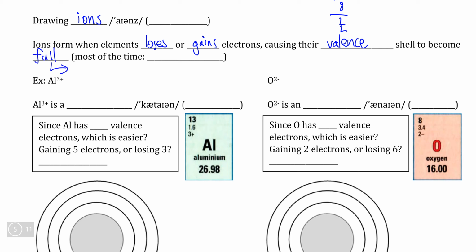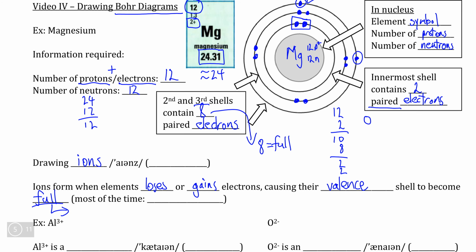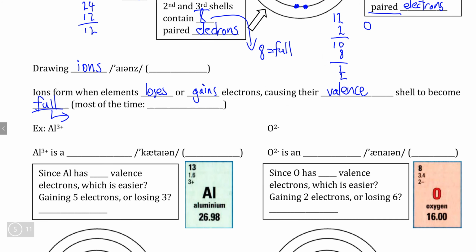And remember, from the previous video and the magnesium Bohr diagram here, whenever the valence shell is the second or third shell, 8 electrons means that it is full. So most of the time this means that we're going to have 8 electrons in the outer shell.